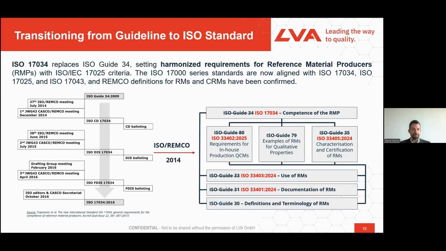At the same time, ISO 17034 is still a relatively young standard within the series, and this is also reflected in the ongoing development of its companion documents. New standards and updates, for example, related to characterization, stability or the production of QCMs, are continuously being introduced and refined, as you can see here in this graphical overview.